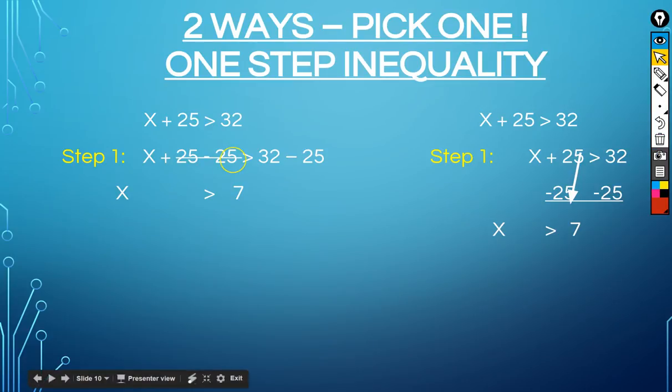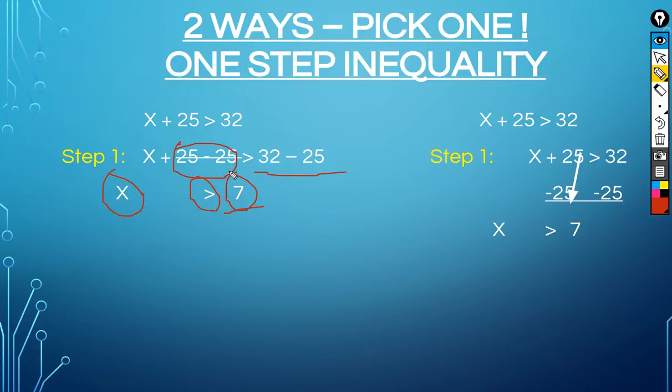So these cancel out. These cancel out, and then 32 minus 25 just equals 7. So you're left with x is greater than 7. Simple enough. Actually, I'd say it's even more simple than the stuff we've been learning the past 3 weeks.